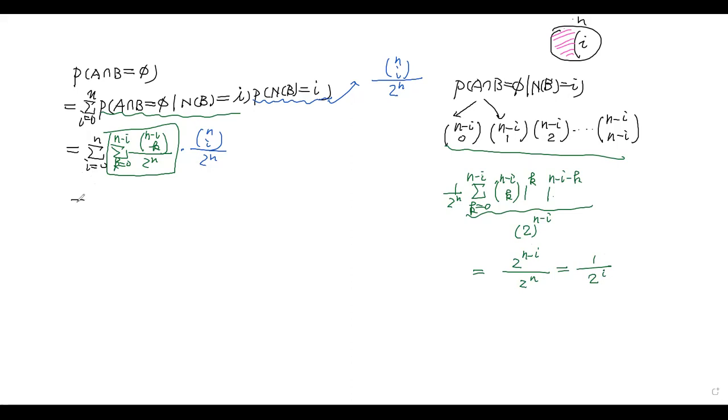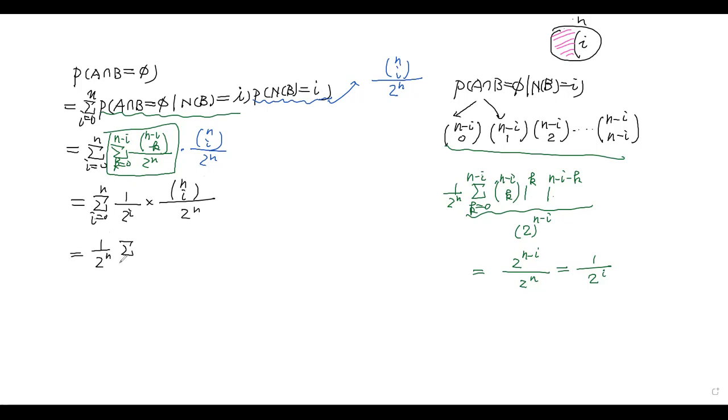So now we can say here, this is the summation I from 0 to n, and this is 2 to the I's power, and times here, this is 2 to the n, and this is n take I. Okay, so this is n take I. So we do the same thing, and let's move the 1 over 2n out.